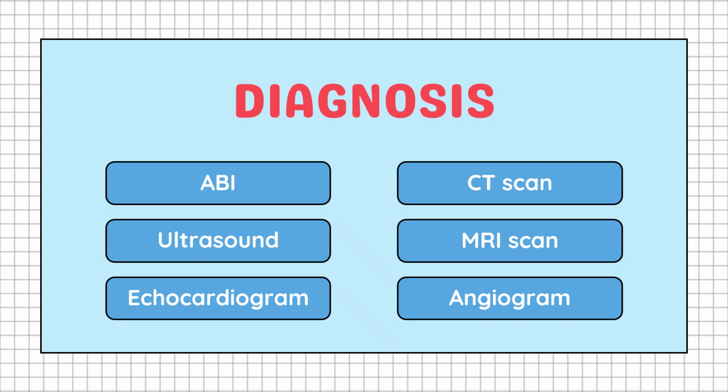You have the vascular ultrasound, the catheters, the angiography, CT, MR, and then the most simple testing will be an ABI, which is an ankle brachial index. That is basically the comparison of the blood pressure in the ankle with the blood pressure in the arm. It's the most common test to identify PVD.